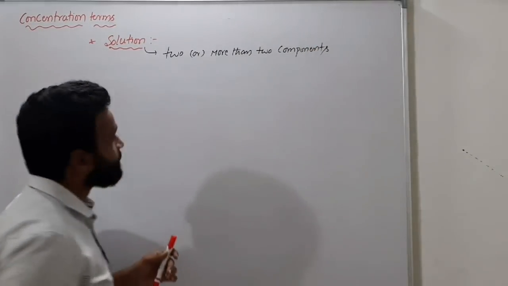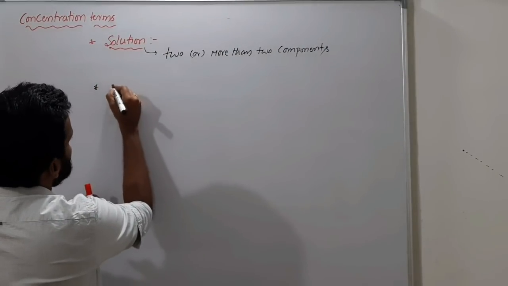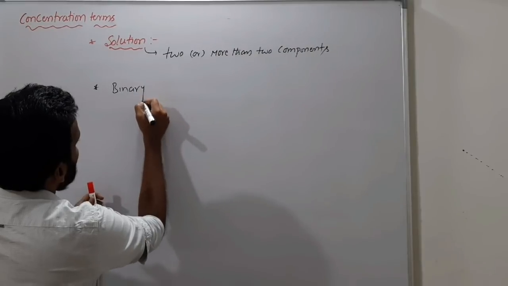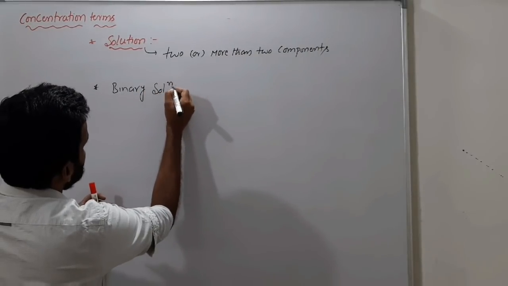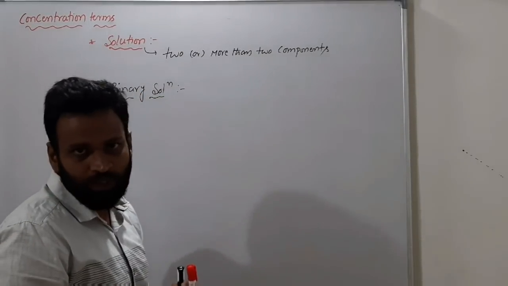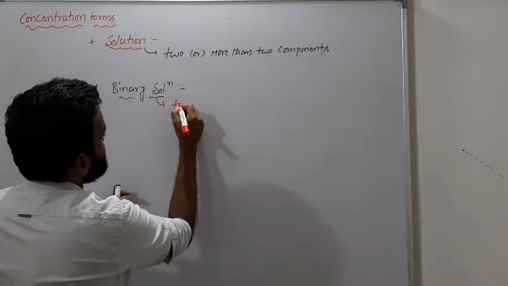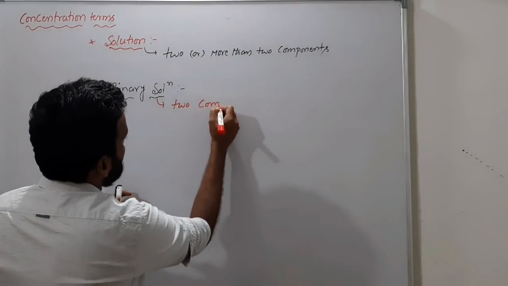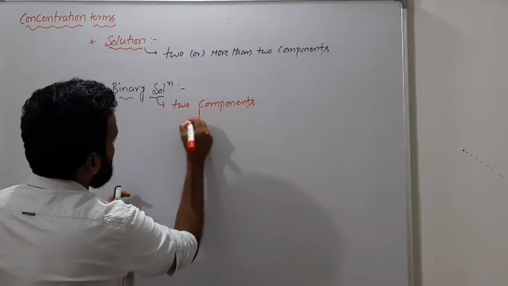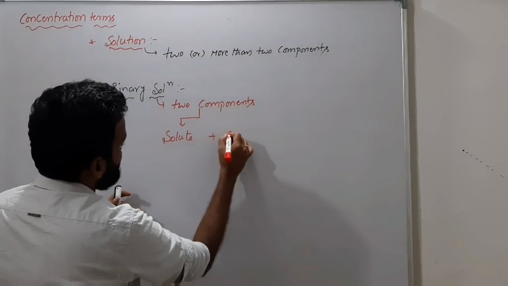If a solution consists of only two components, that is a binary solution. What is a binary solution? A binary solution means a solution which consists of only two components. Of these two components, one is solute and another is solvent.